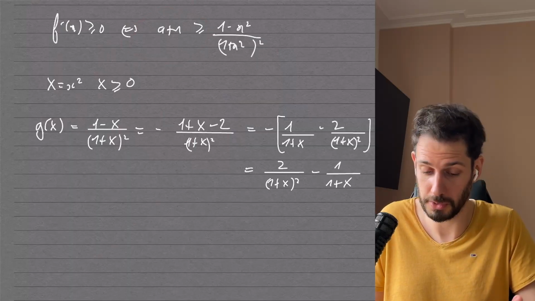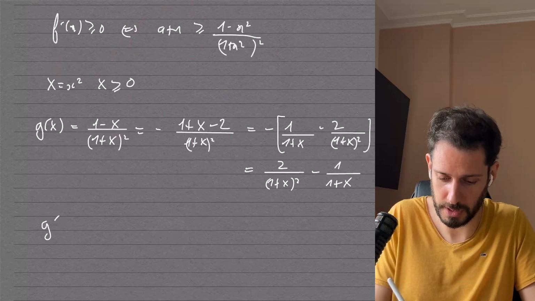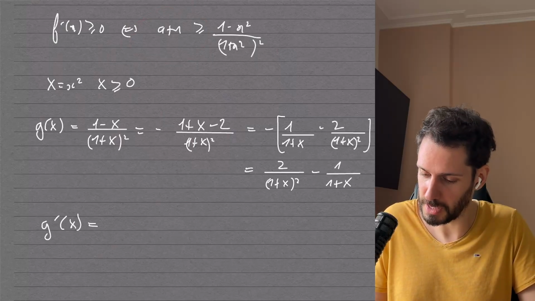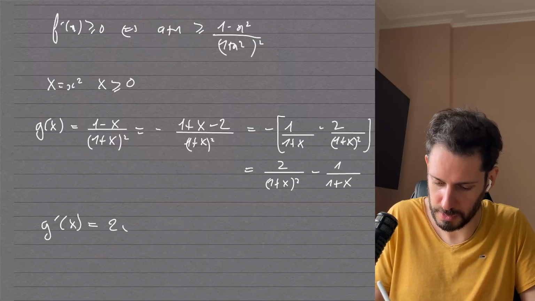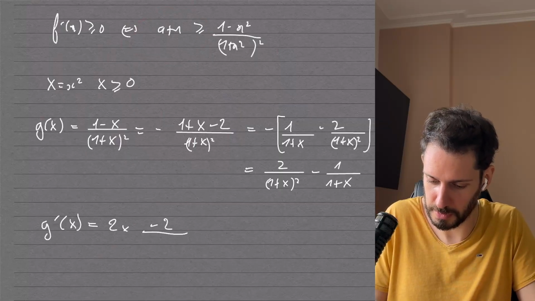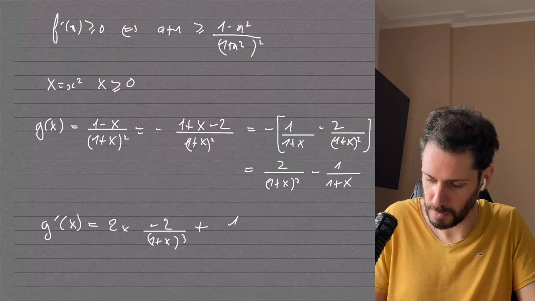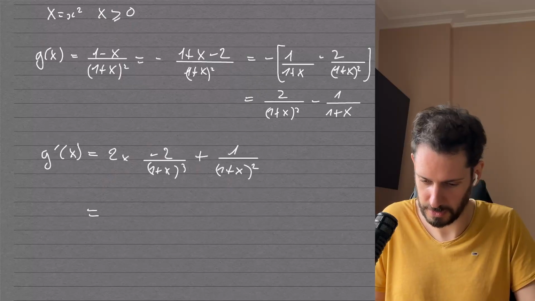So let's now study g, and so we have to differentiate it. So g prime of x equals, okay, so (1 plus x) to the power minus 2, so that's basically minus 2 over (1 plus x) to the power 3, plus 1 over (1 plus x) squared. Okay, I can just factorize everything.